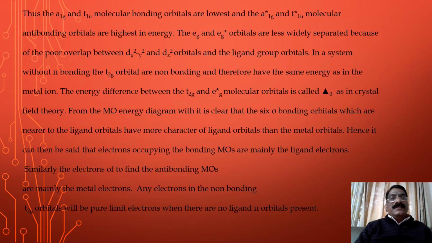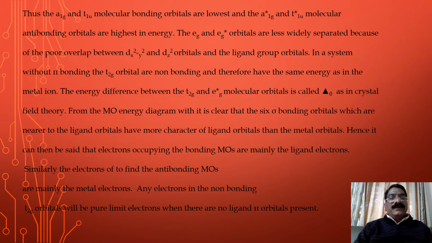Thus, the A1G and T1U molecular bonding orbitals are lowest and A1G star and T1U star molecular antibonding orbitals are highest in energy. The EG and EG star orbitals are less widely separated because of the poor overlap between dx square minus y square and dz square orbitals and the ligand group orbitals.